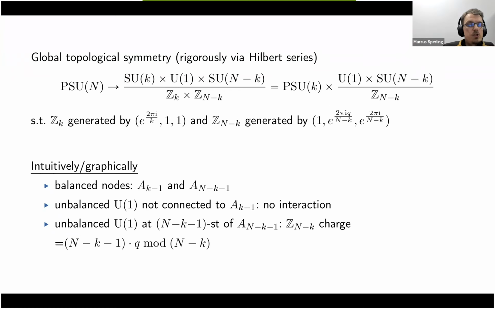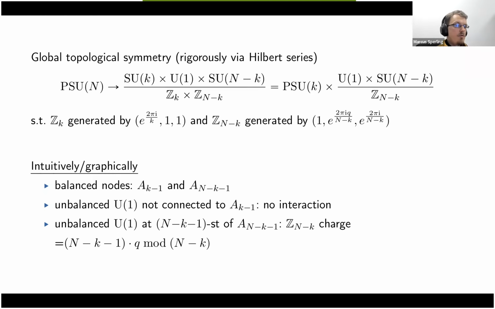In terms of global symmetry, you again have two choices. You can take the topological symmetry and compute it honestly. You find, again, it's a mix of three things: SU(K), U(1), and SU(N minus K). In this particular example, you will see that the center of SU(K) does not interact with the U(1), but the center of SU(N minus K) does interact with the U(1), depending on the charge that you have gauged.